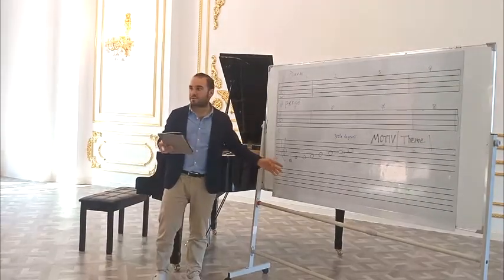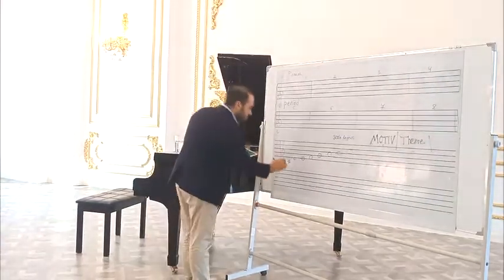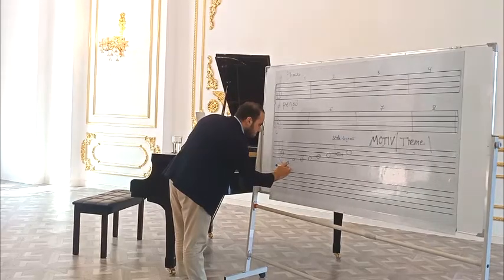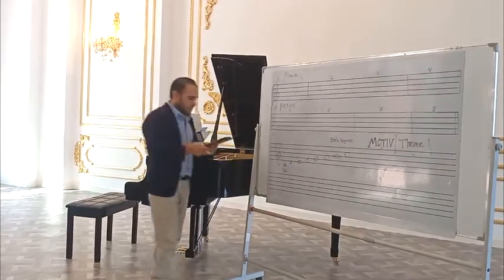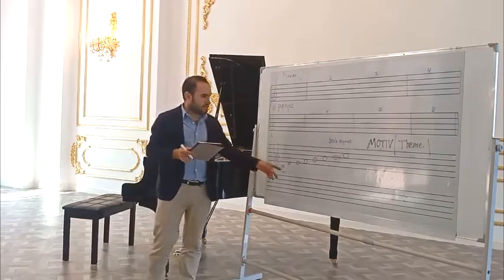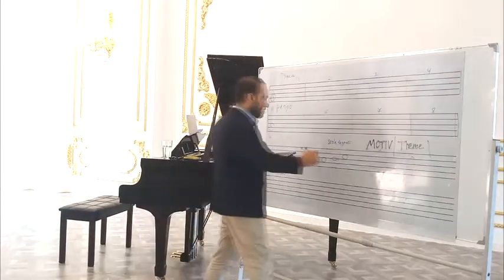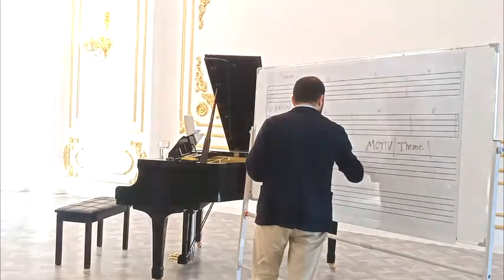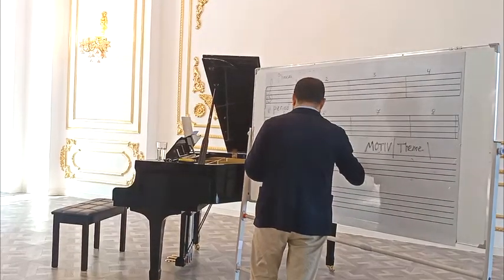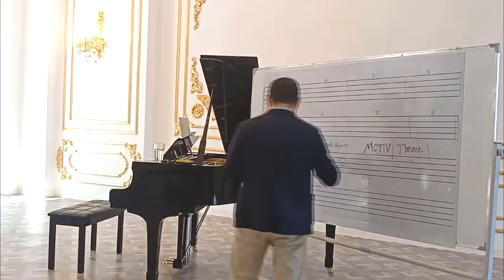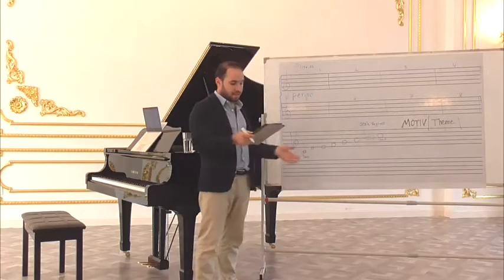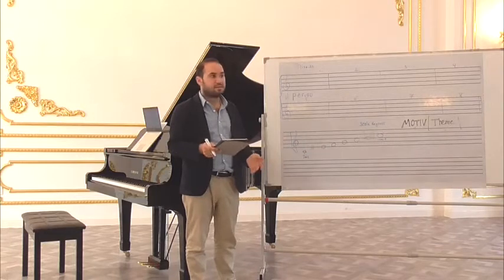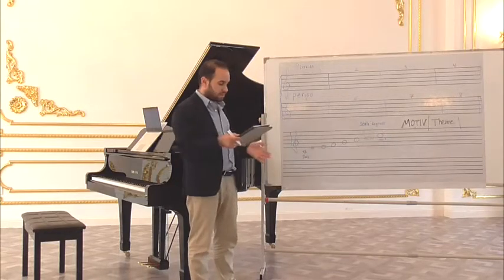And for example, the first note is called tonic. Tonic begins this scale and also finishes this scale. And tonic is the note that is going to bring your melody to a stop.